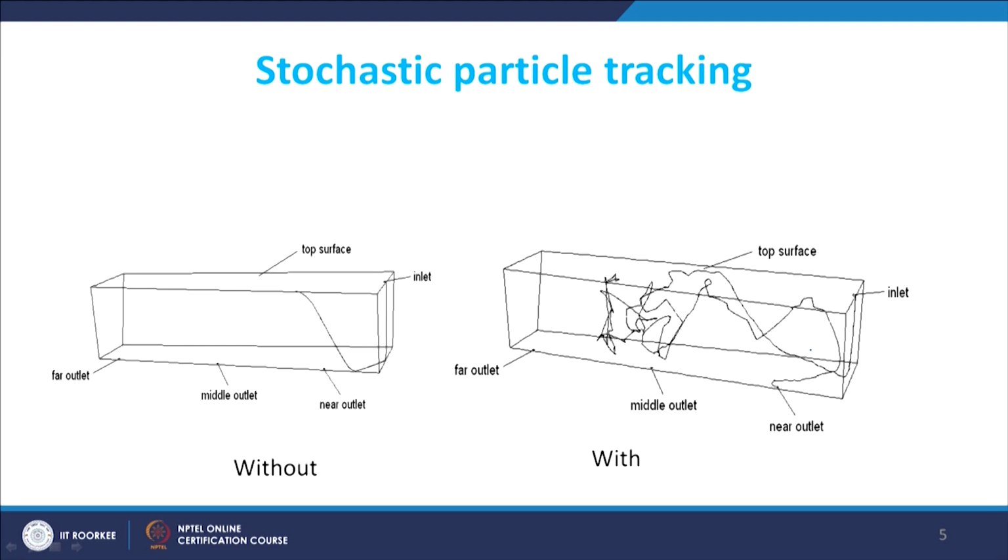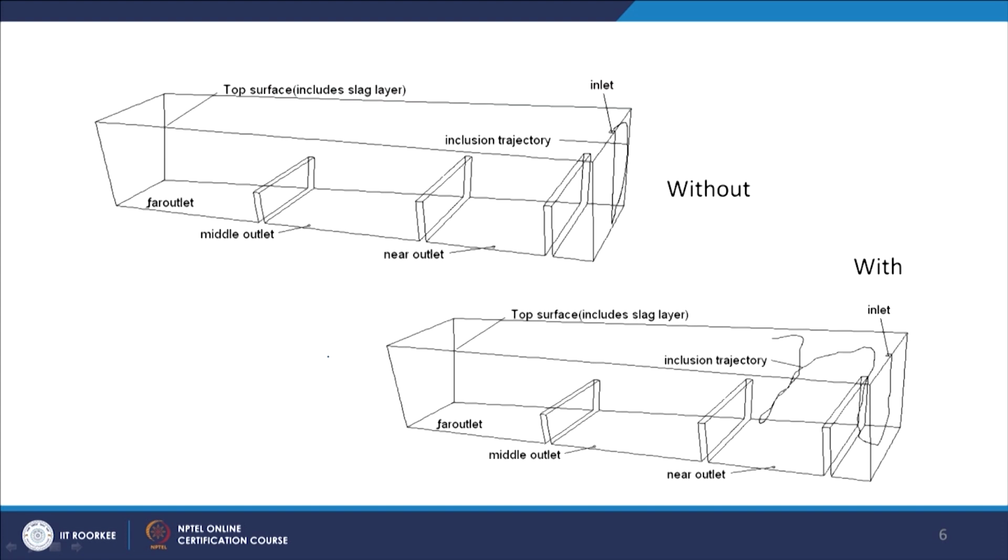If it is on the bottom, it may have the chance to go through the outlets, which is normally lesser in this case. The top surface is the slag layer, and we have kept it so. Once we use these flow modifiers, with and without them, the inclusion trajectory can be plotted. So, that is one example.